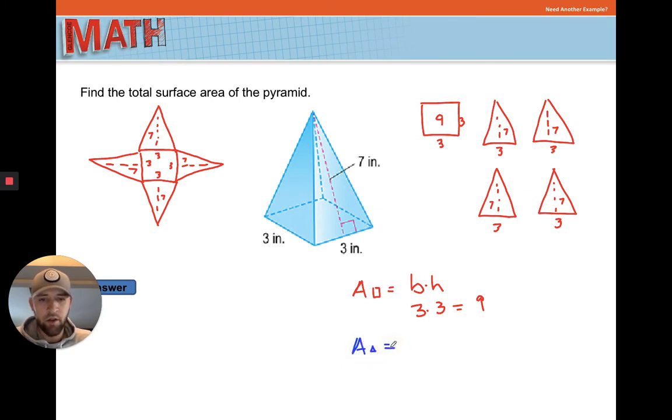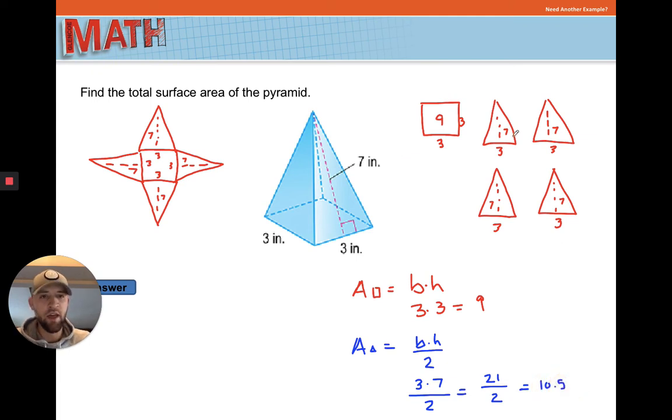The area of a triangle is base times height divided by 2. I plug in my base, which was 3, my height, which was 7, and divide that by 2. 3 times 7 we know is 21, and then 21 divided by 2 you should get 10 and a half, or 10.5.